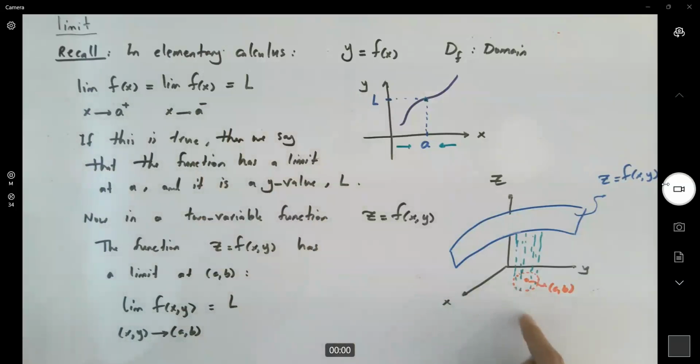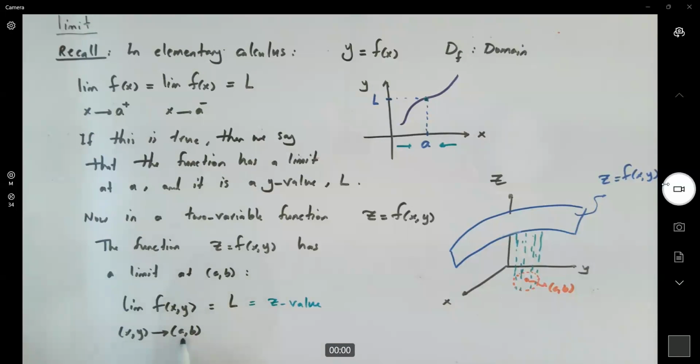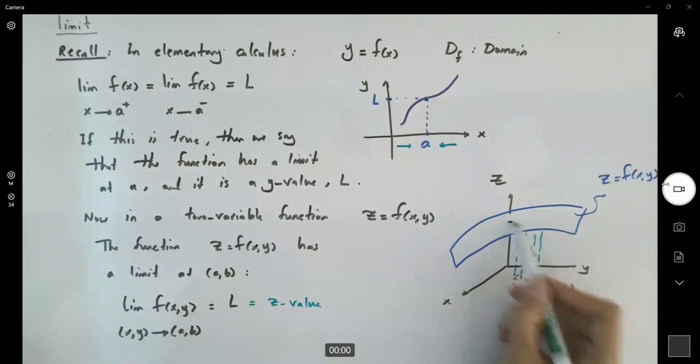You can approach this point from many paths, many lines, many curves. So if the function has a limit, then it has a z value. This L is a z value. It's the third value. You're getting closer and closer to A and B, and your L, if the limit exists, it's just a z value.